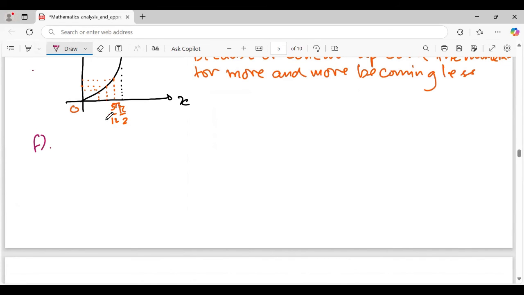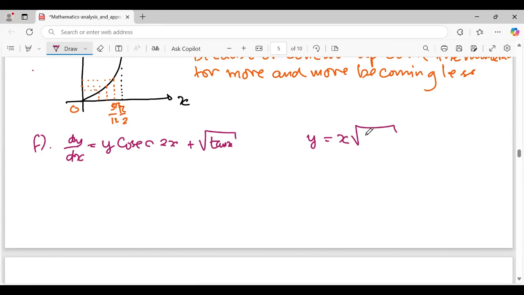Okay. So dy dx equals y cosecant 2x plus square root tangent x, where y equals x square root tangent x.